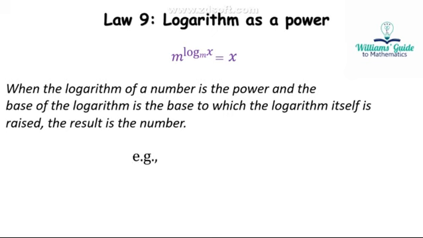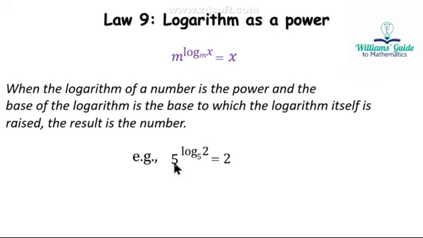For example, we have 5 raised to the power of log 2 to base 5. It's equal to 2. We are saying here that we have logarithm as a power. The logarithm itself is a power, and something is raising the log to be the power, and that thing is a base.